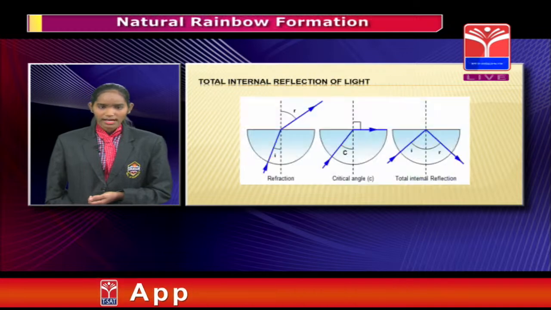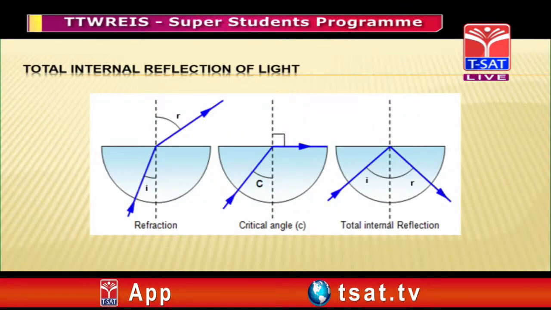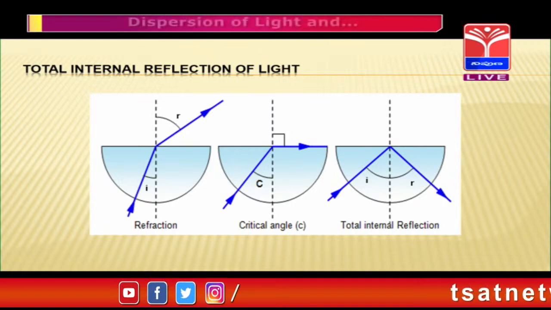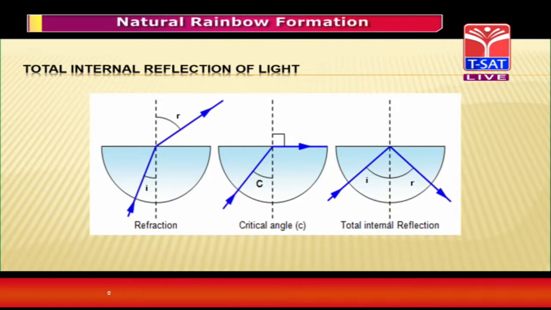When a light ray travels from a denser medium to a rarer medium, after the refraction, if the refracted ray coincides with the interface, then it is said to be the critical angle. What is a critical angle?